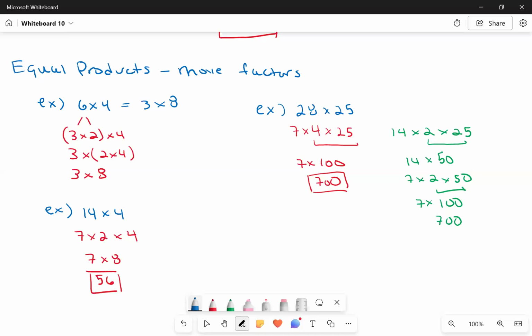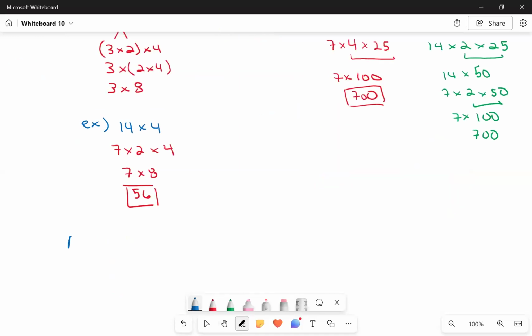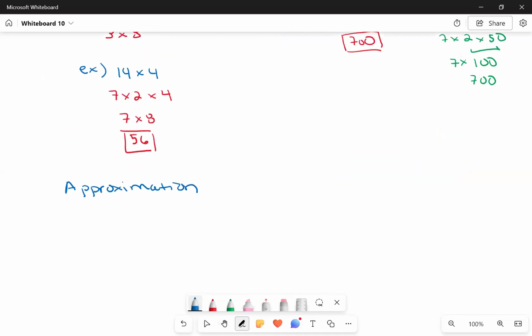Now let's look at approximation. We use approximation a lot in mental calculations, and we allow ourselves the idea that it's not going to be perfect, so we're okay. One type of approximation is just rounding. So use rounding to approximate.